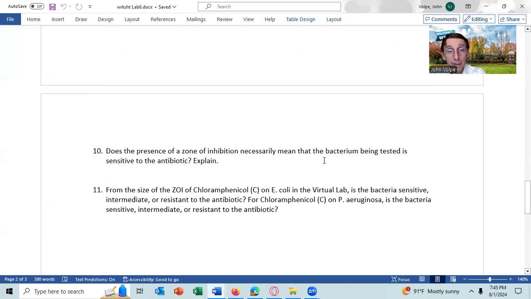All right, 10. Does the presence of a zone of inhibition necessarily mean that the bacteria being tested is sensitive to that antibiotic? Explain your answer. And then 11. From the size of the zone of inhibition of chloramphenicol on E. coli in the virtual lab, is the bacteria sensitive, intermediate, or resistant to that antibiotic?